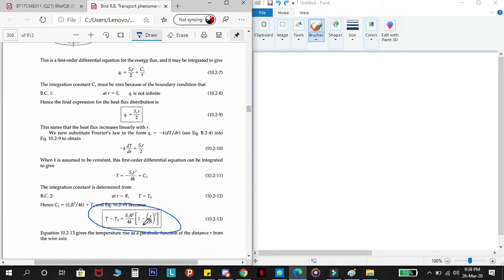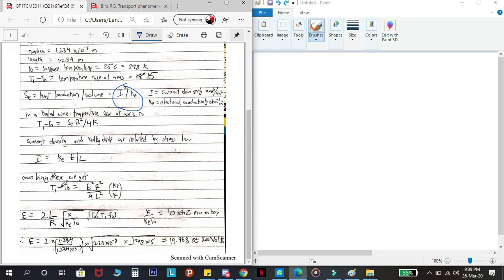Now this is very reminiscent of our momentum transfer. It's a parabolic function. Now we needed the axis, so at the axis the radius is 0, so this term becomes 0. We just end up with this term. So we have our rise in temperature is now this.